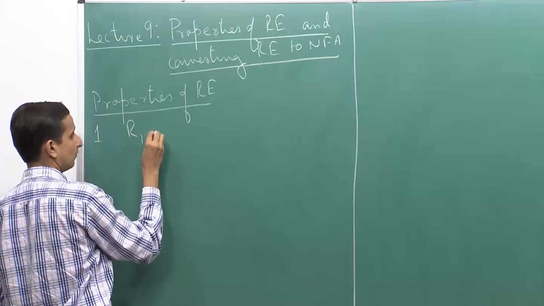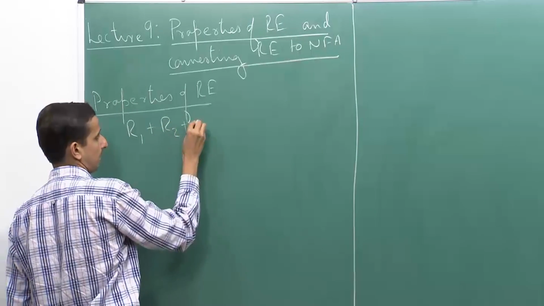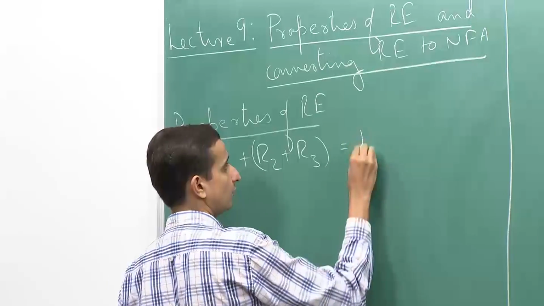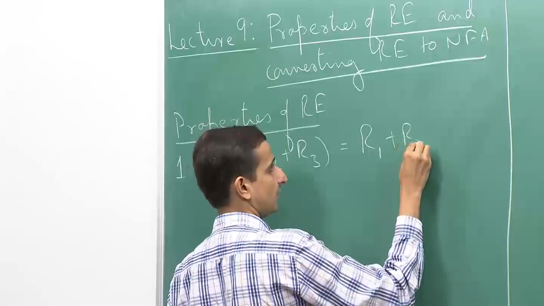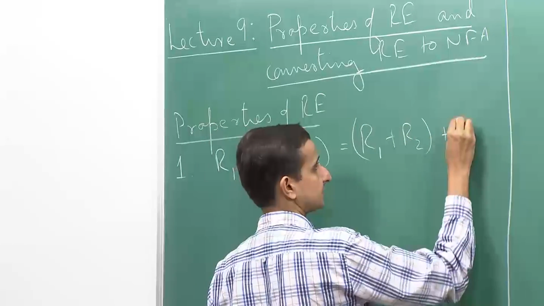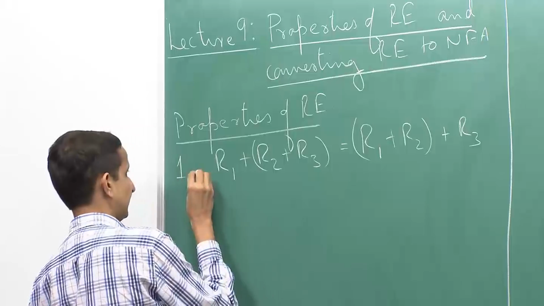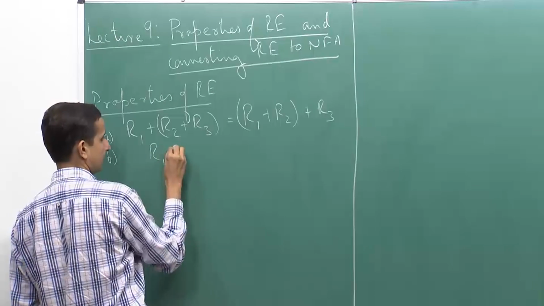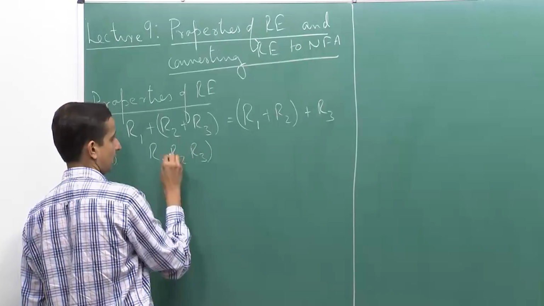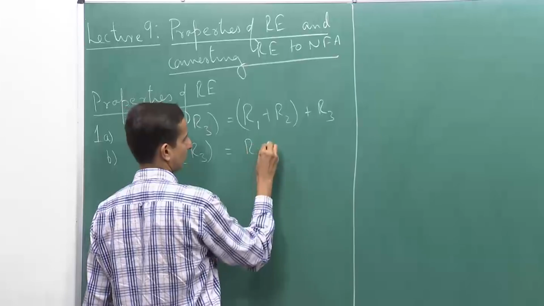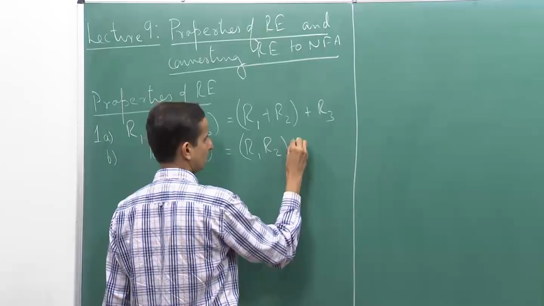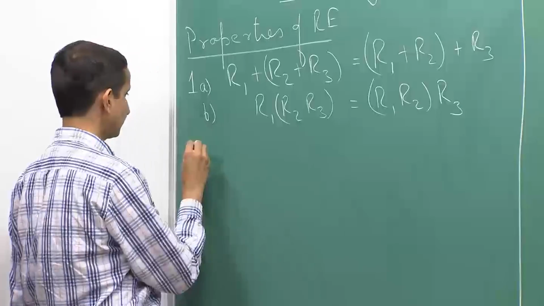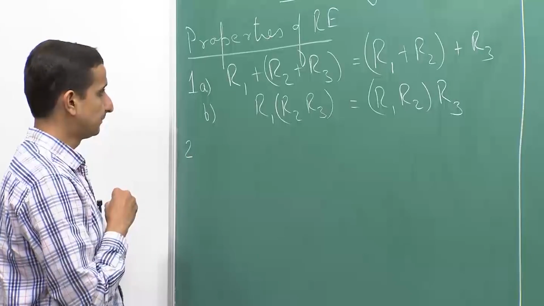R1 plus (R2 plus R3) is equal to (R1 plus R2) plus R3. I will write this as 1A, and 1B is R1 (R2 R3) is equal to (R1 R2) concatenated with R3.